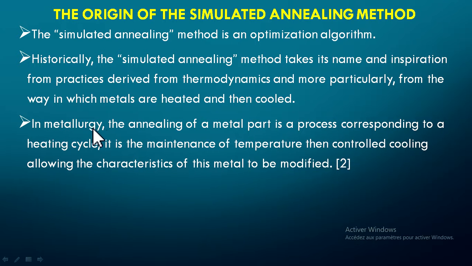In metallurgy, the annealing of metal parts is a process corresponding to a heating cycle, the maintenance of temperature, then controlled cooling, allowing the characteristics of this metal to be modified.